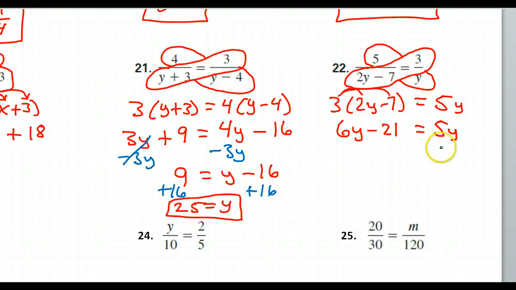Okay, just be very careful. Kids will often make a mistake right now because when you, well, you know what, maybe I'll just do it this way. I started to subtract 5y from both sides because I like to have positive numbers. But kids get confused if I subtract the 5y.